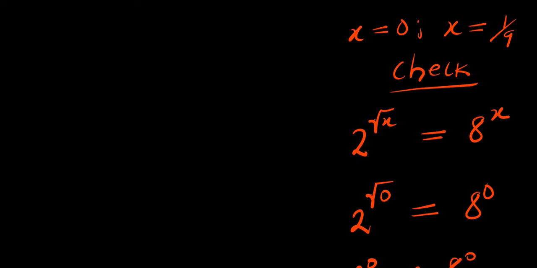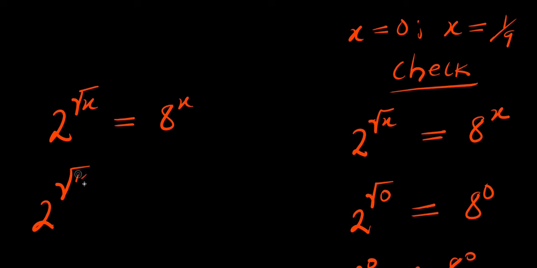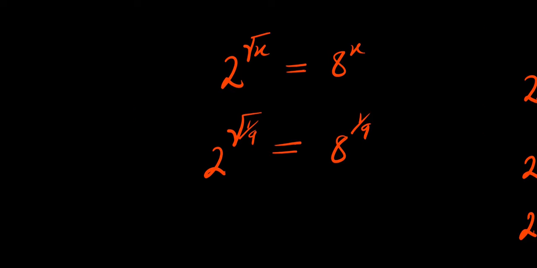Let's consider when x is 1 over 9. I will have 2 power square root of x equals 8 power x, and x is 1 over 9. I have 2 power square root of 1 over 9 equals 8 power 1 over 9. Now, consider this identity: if you have square root of a over b, this is just like writing square root of a divided by square root of b.